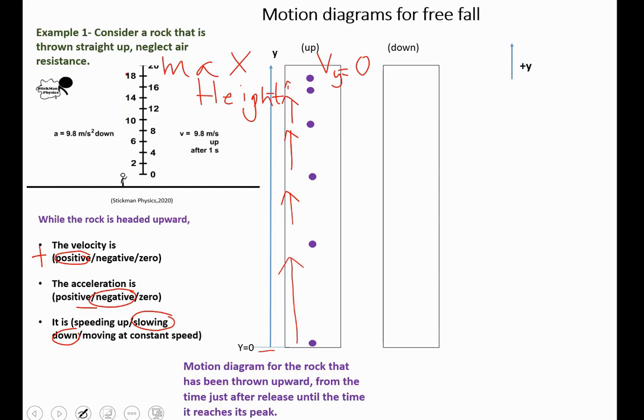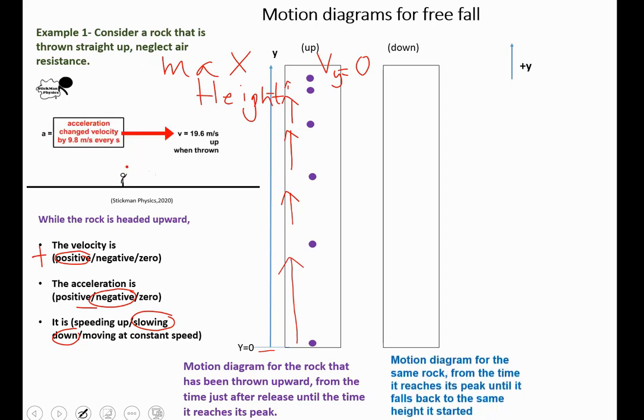And then let's draw a motion diagram for the same rock from the time it reaches its peak until it falls back to the same height it started. So the first time you take a picture from a camera, it's here.